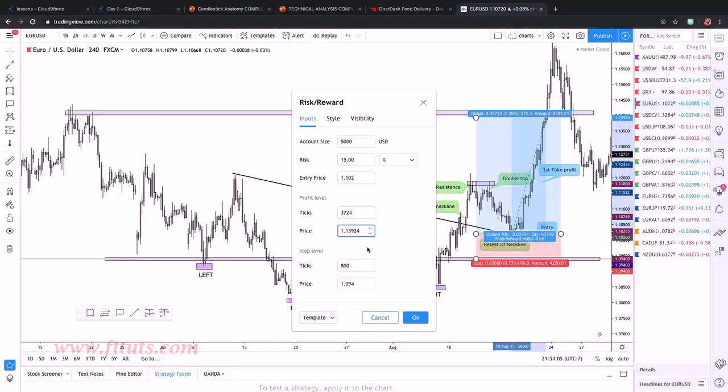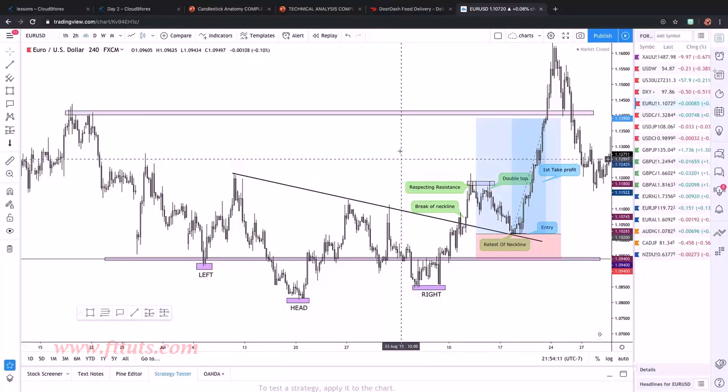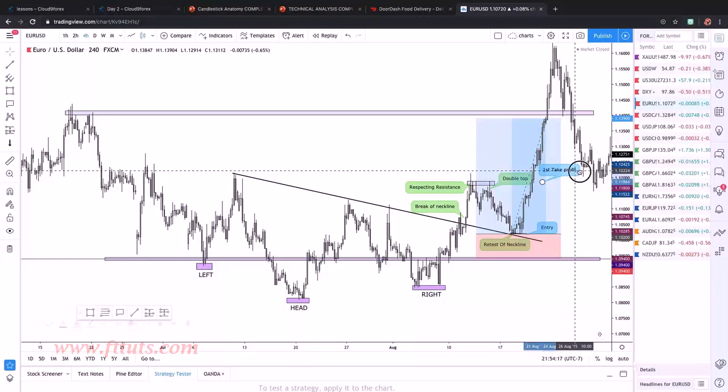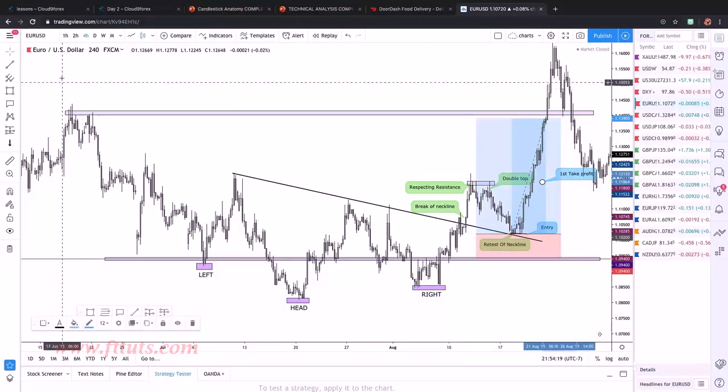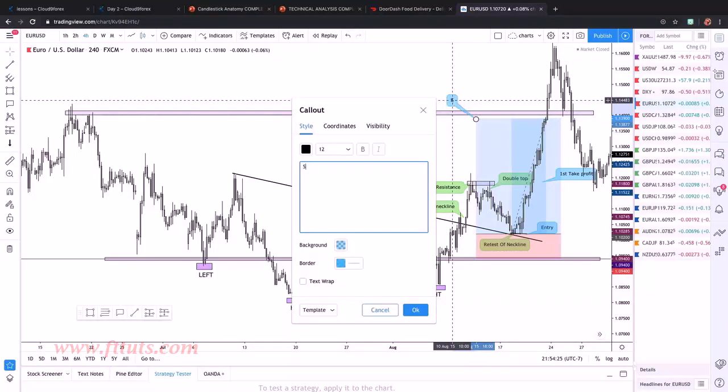So again, we want to round it. Realistically, we could make it 1.14, but I just want to, that's good enough.